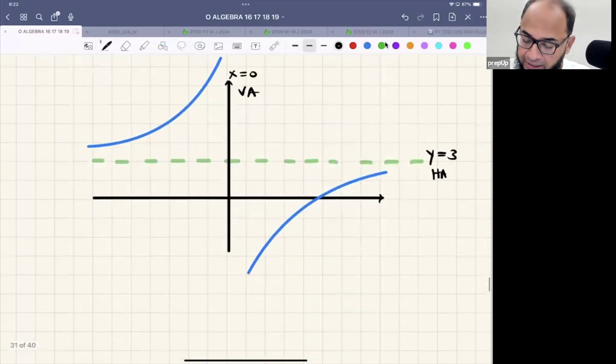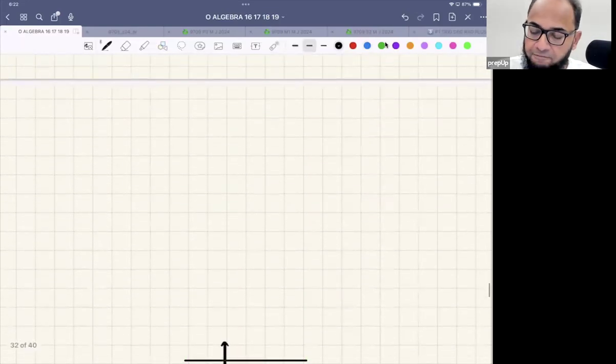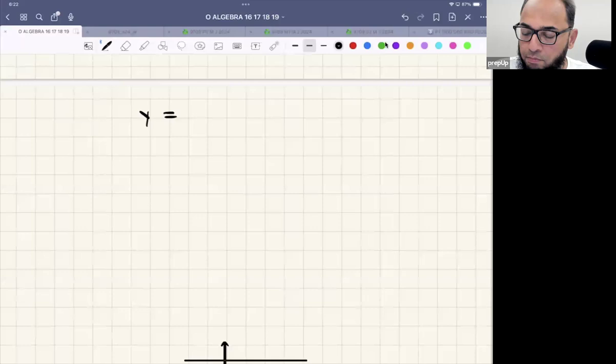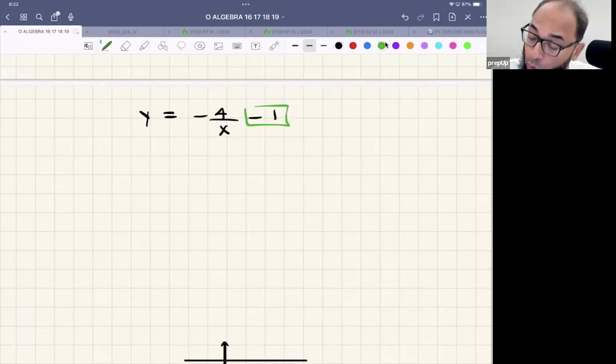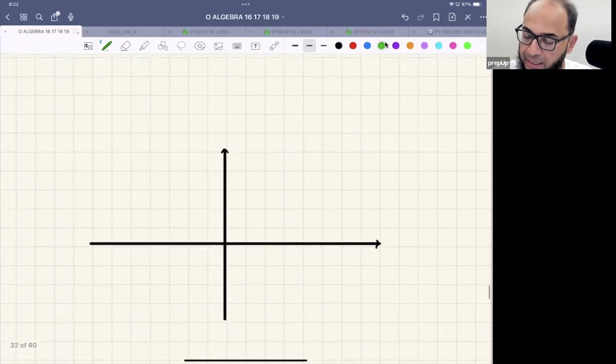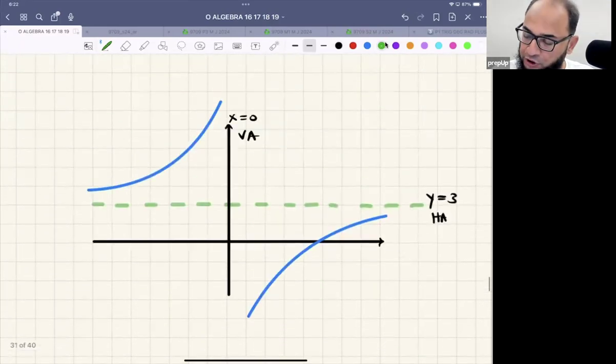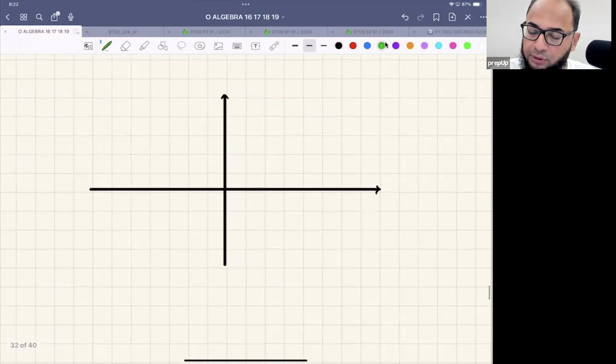And let me draw another graph. I've already used minus 5, so let me use y equals minus 4 over x minus 1. So now the new horizontal asymptote is y equals negative 1. It has been translated. The previous one was shifted 3 units up, and now we are shifting it 1 unit down.